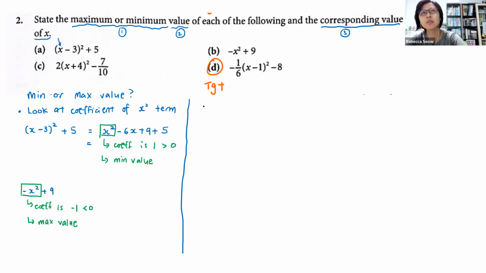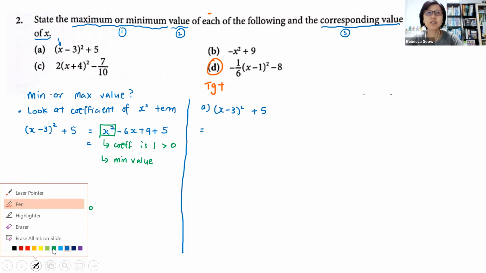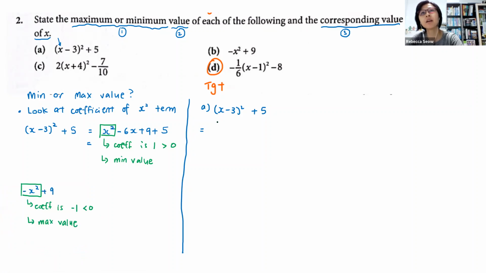Let's say if we were to look at x minus 3 squared plus 5. Okay, that's for question A, right? We know that it offers a minimum value. Now, when is this expression minimum? It is minimum when you put in a certain value of x and the entire expression would give the lowest possible answer.